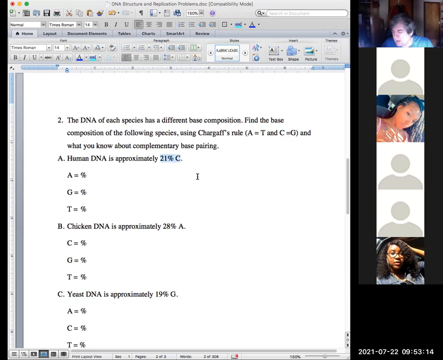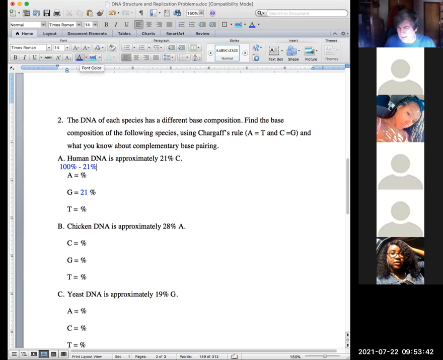So suppose you analyze some DNA and you find out that it's 21% G. If this DNA that I'm analyzing is 21% G, what do I know? 21% C. And not only that, all our DNA here is equal to 100%.